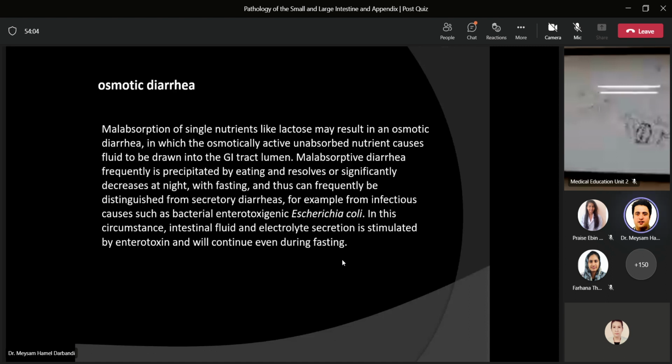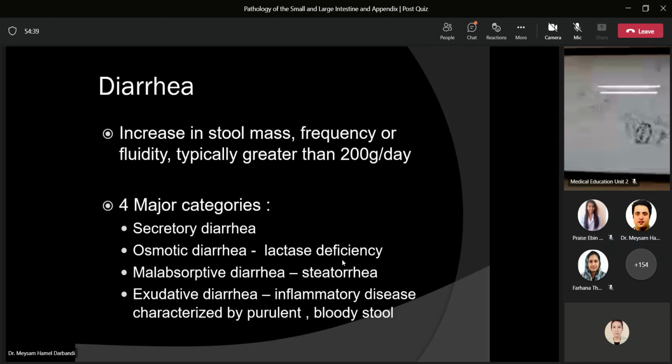Why? Because lactose is a sugar, right? If I cannot absorb it, the sugar will stay in the intestine and draw in water, correct? That's why we will have osmotic diarrhea. Another type of diarrhea, which my older brother Dr. Ian will teach you in microbiology and parasitology, is infectious diarrhea, which we will also discuss a little in pathology.